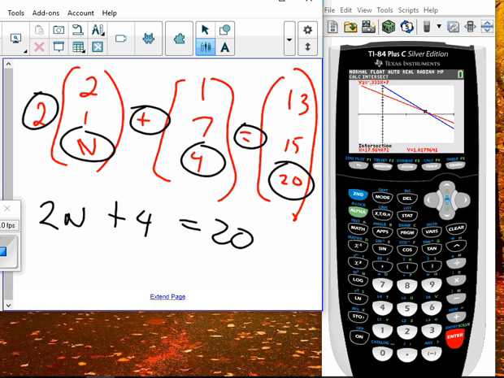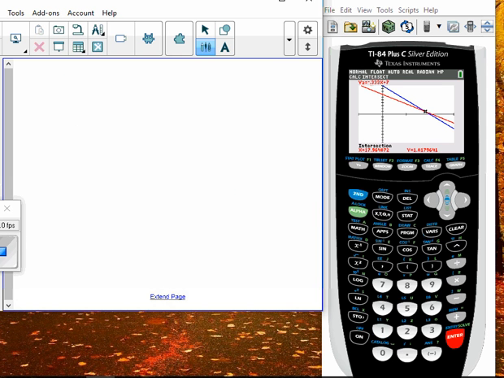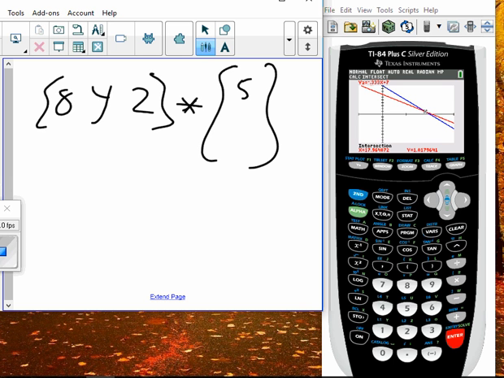Give me another way. It's like a 1 by 3 where it's like 8, y, and then it's 3 by 1 where it's 5, negative 6. Okay, and does it give you an answer for it?